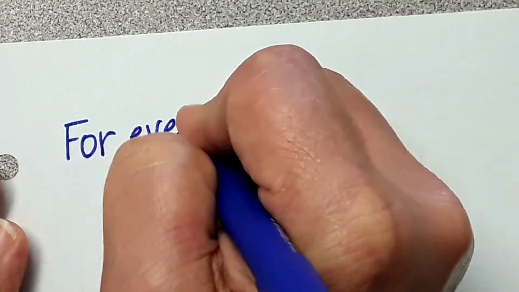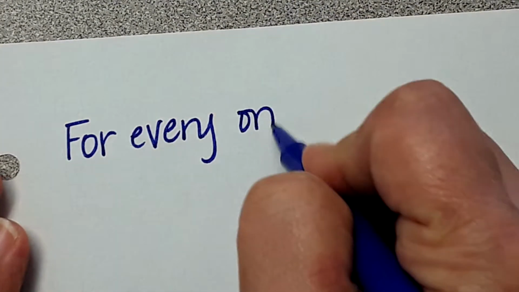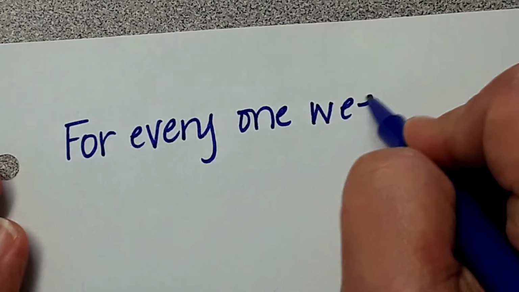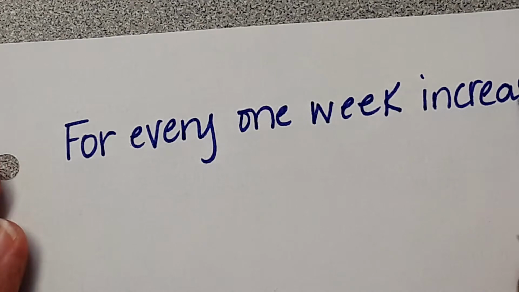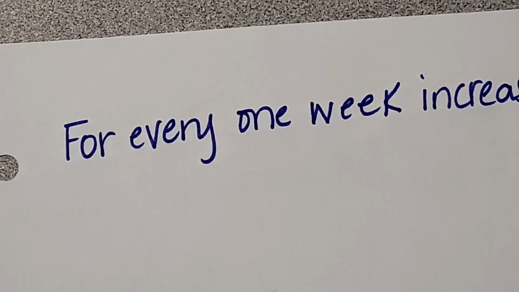Yes. So for every 1 week increase in age, this is just the book. I don't usually say this. I always say, as the weight increases by 40 grams, the age increases by 1 week or something like that.